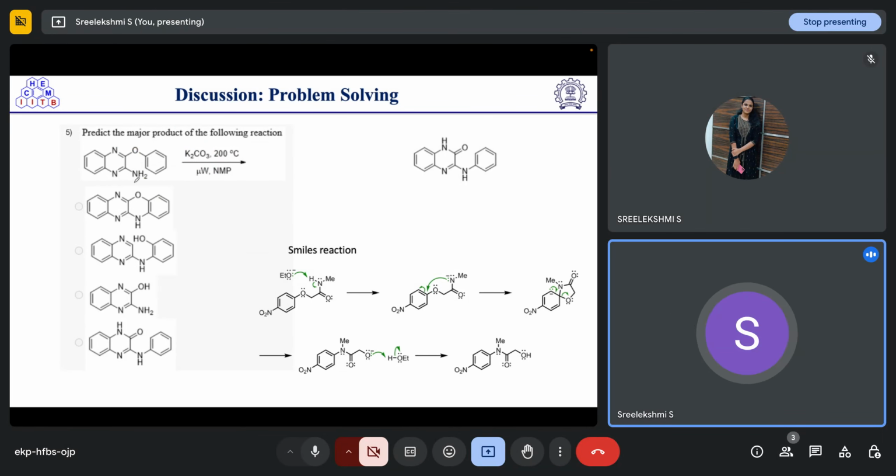Okay, so once this is this NH minus, this will be attacking over here at this center, and then this bond is breaking. No, it is attacking over this center.